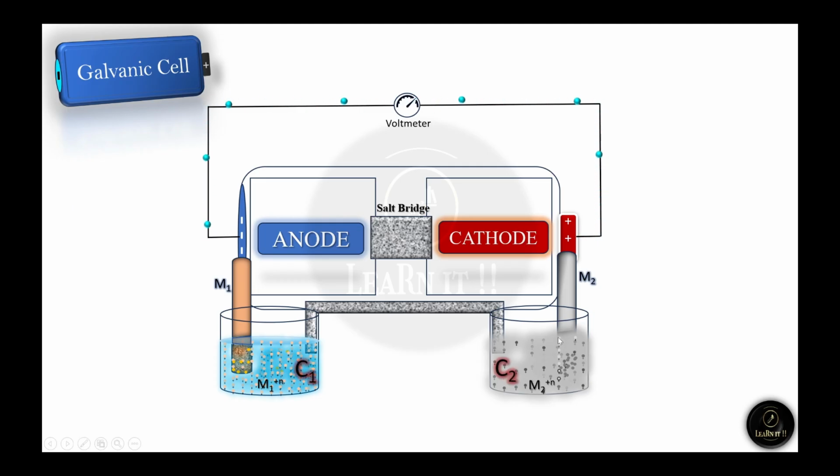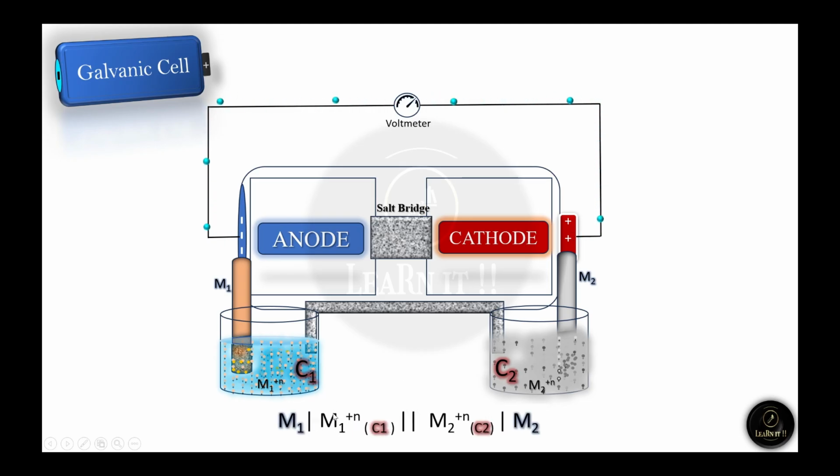Before, both had 1 molar concentration, but because of oxidation the concentration at the anode increases, it is called C1, and at the cathode the concentration decreases, it is C2.